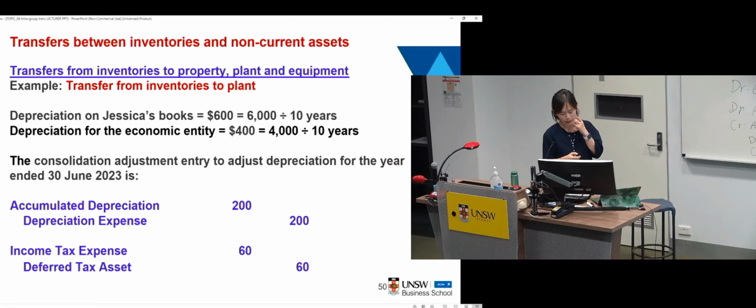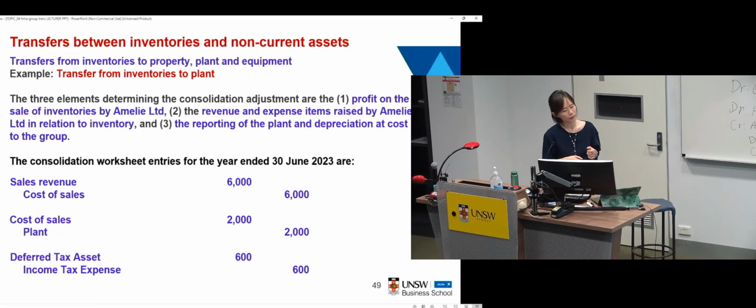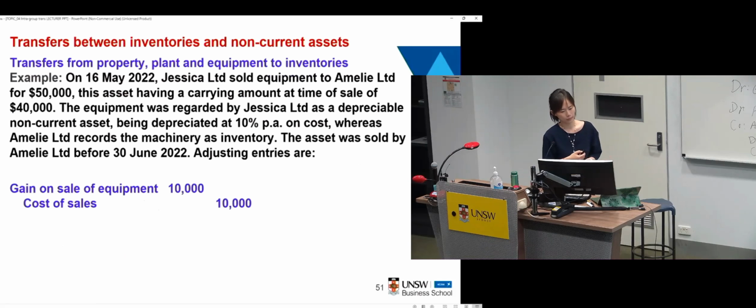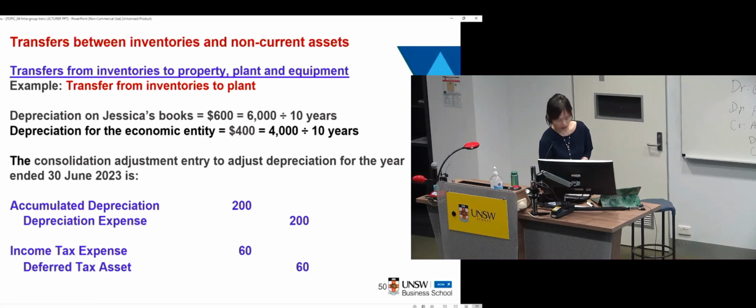Okay. Now, let's extend this question a little bit. Now, this is your year 30 June 23 worksheet entry. What if the question asks you to prepare worksheet entries on 30 June 24? Those would be your worksheet entries on 30 June 24.